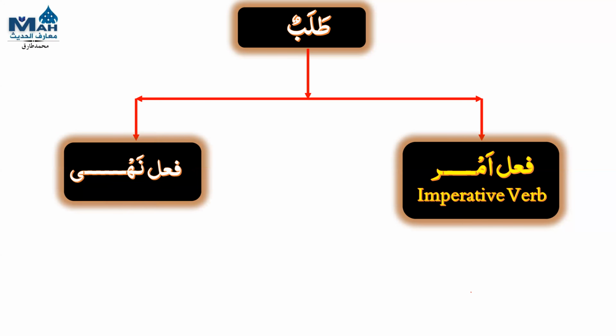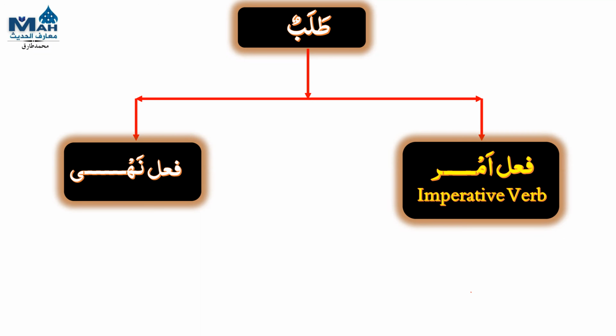Second thing is nahi, fi'lu nahyin. It means to prohibit someone, not to do this thing. For example, do this and don't do this. So talab is divided into these two things, fi'lu amr and fi'lu nahy. Nahy, to prohibit someone, to say someone don't do it.